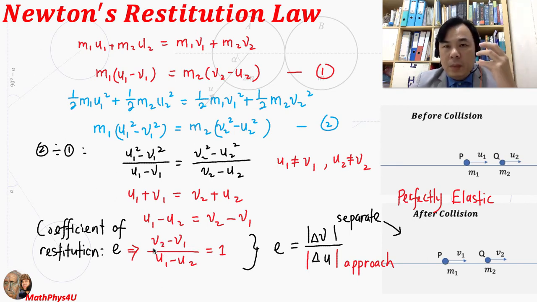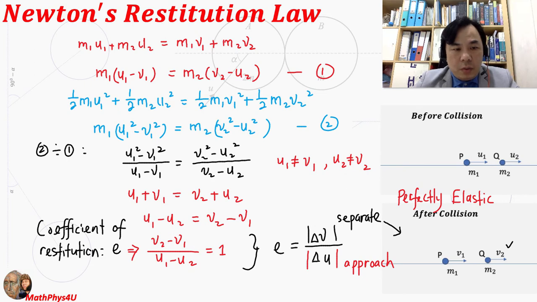But the one minor detail you need to pay attention to is, if you take V2 minus V1, then your denominator, you should follow the order of u1 subtract with u2, so that we can get the coefficient of restitution correctly.